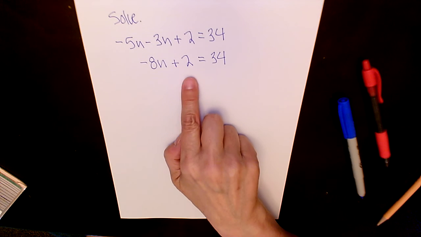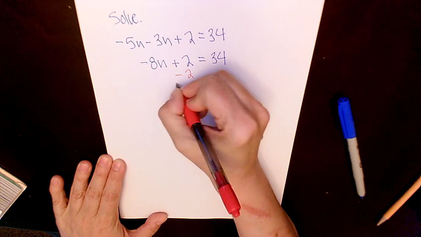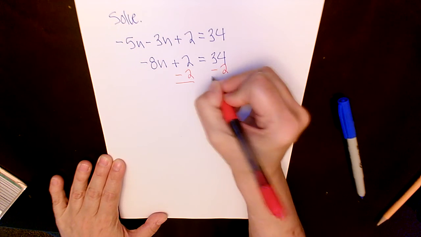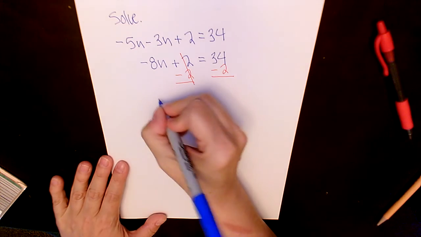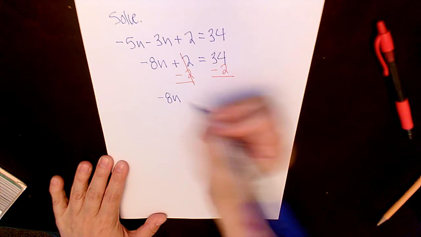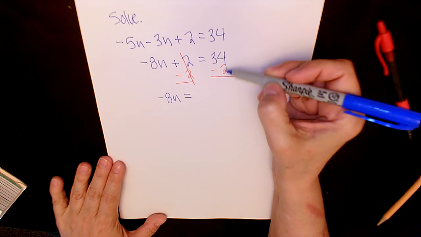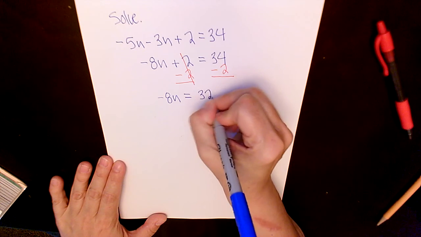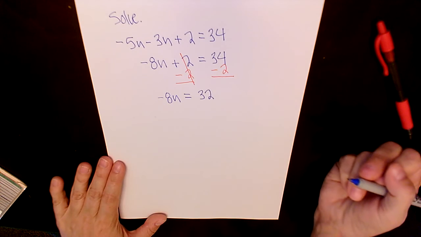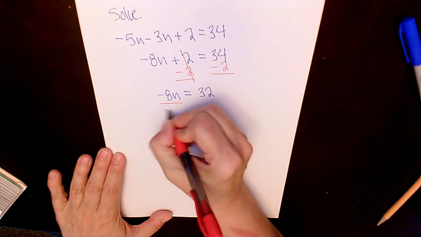Then I want to add or subtract. So I've got a plus 2. So I want to subtract 2 from both sides. These drop out. Negative 8n equals 34 minus 2, which is 32. And then I want to divide both sides by negative 8.